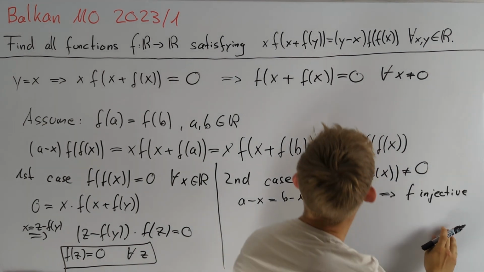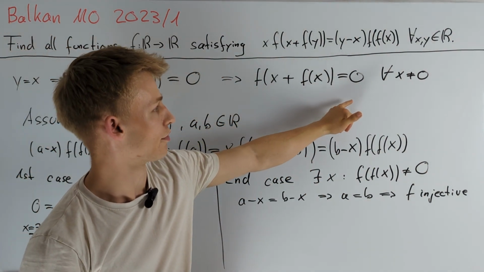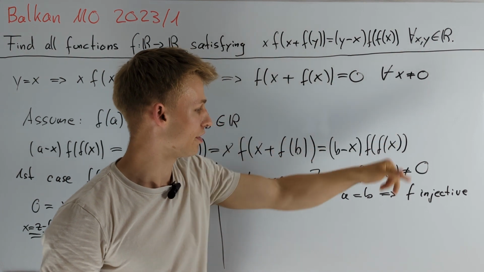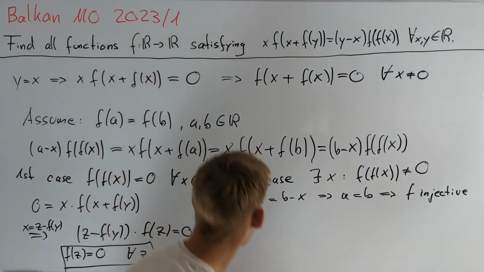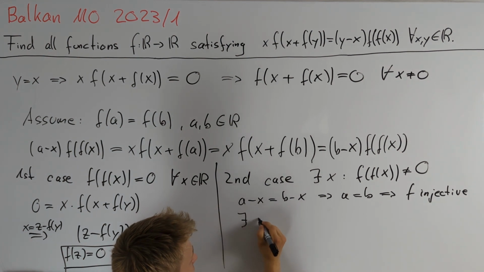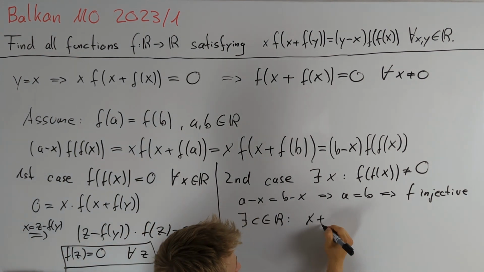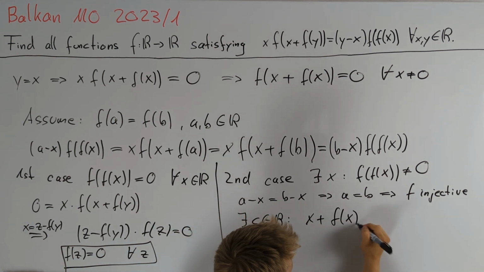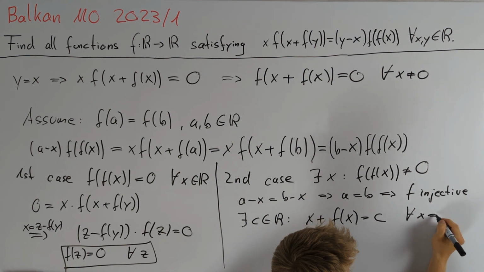We are ready to go back to our equation that f of x plus f of x is equal to 0 for all x not equal to 0, and therefore by the injectivity of f, we conclude that there exists a constant c in R such that x plus f of x is equal to c for all x not equal to 0.